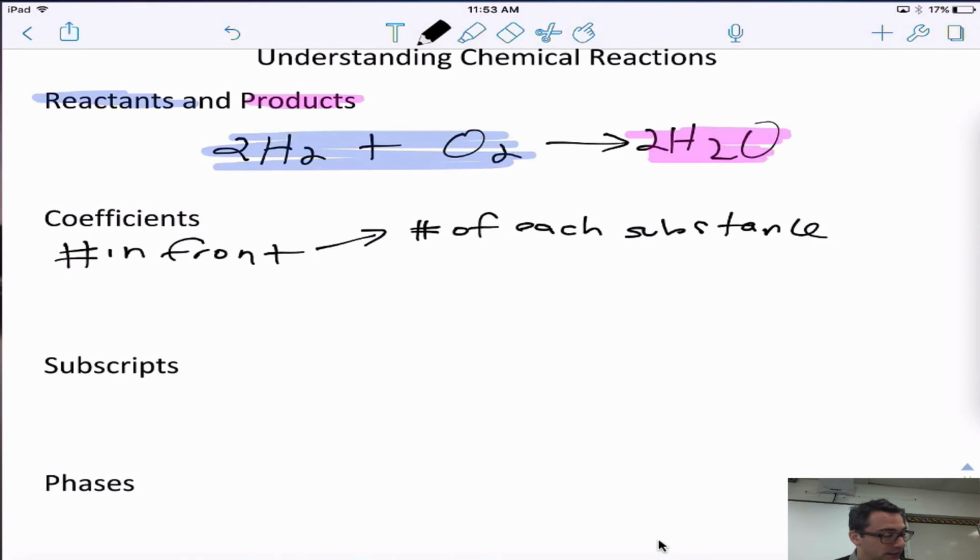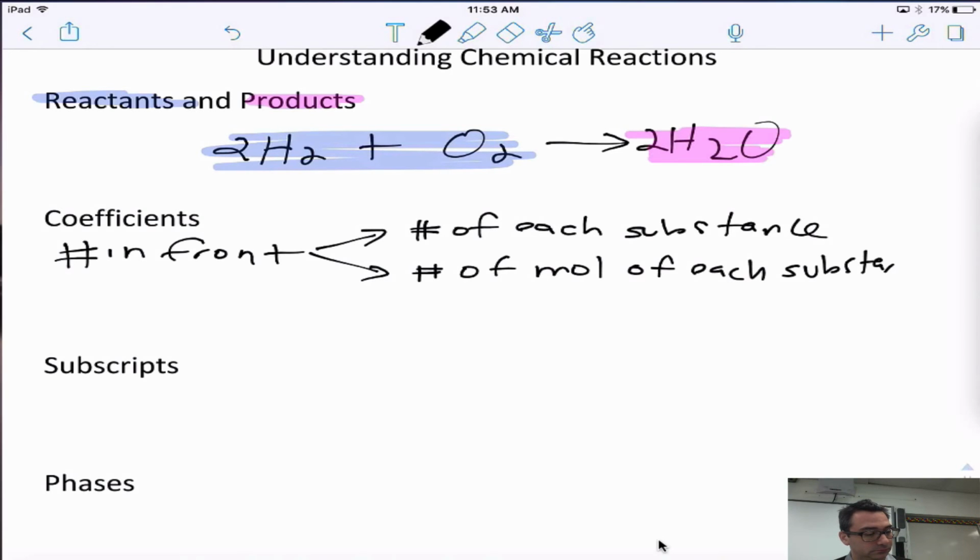Or more commonly, they represent the number of moles of each substance. So I could read this as 2 moles of hydrogen react with 1 mole of oxygen to form 2 moles of water. That's what the coefficients stand for.